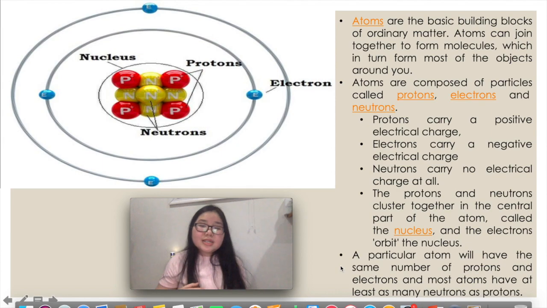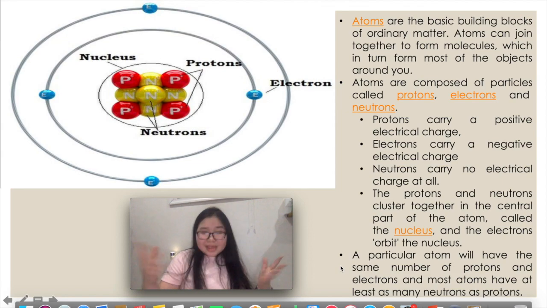Atoms can join together to form molecules, which in turn form most of the objects around you. Exactly, your chair, your clothes, your books, everything around you is the performance of molecules which combine atoms.